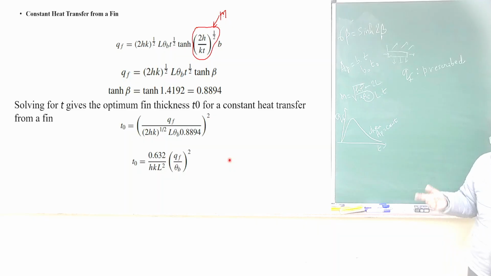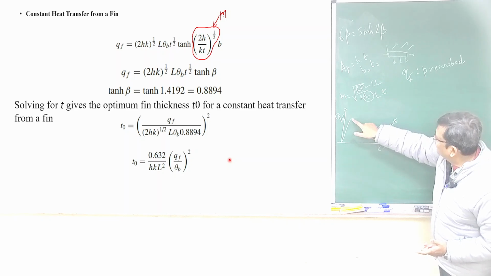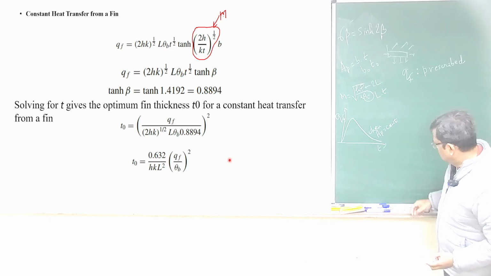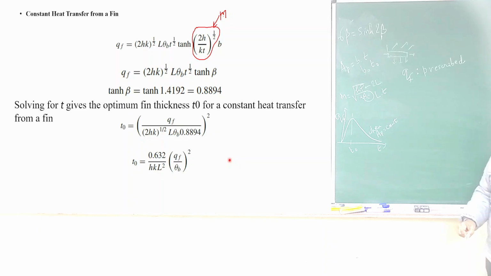But we want to have that optimized value of b and t, which will give this prescribed value of QF. You're being able to follow what I'm saying so far, isn't it? To do that, we'll want to pick up this value of QF basically. This value of QF gives you the optimum t naught, and correspondingly there is a b naught also.